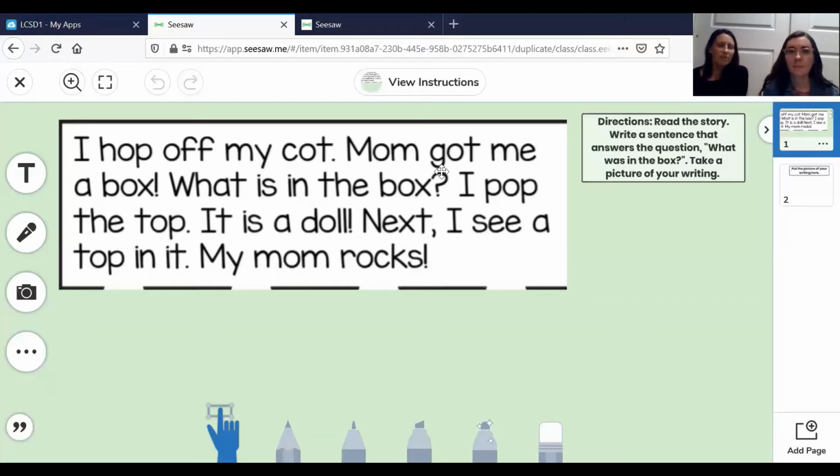What's the first letter and what sound does it make? G says G. A, T. Got. Me. A. B. Ox. Ox. Mom got me a box.